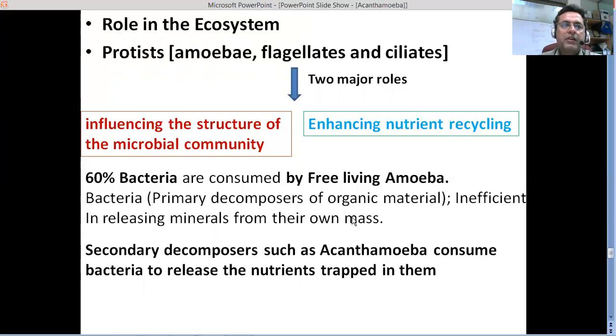So 60% of them is decomposed by them, and in doing so, it is influencing the microbial communities in the environment as well. Many different types of microbial communities, bacterial and fungal communities, are affected. Many viruses, bacteria, fungi, etc., are living inside these Acanthamoebas, and they also thrive.